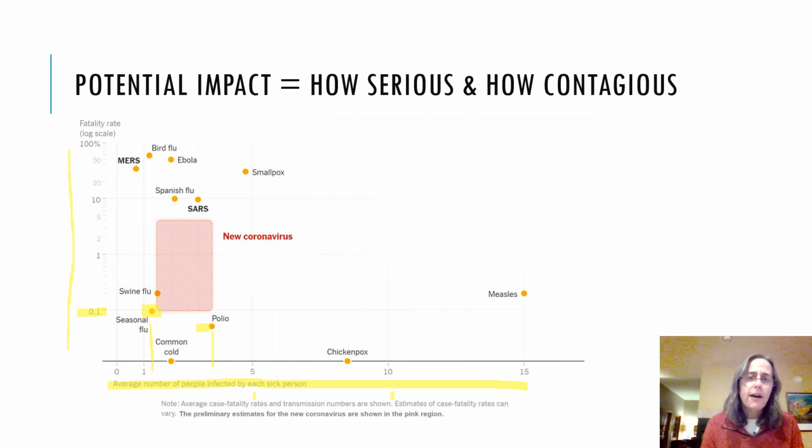This particular graph is from early in the pandemic, and so they weren't really sure where COVID was going to land. I'll tell you, the original virus had a reproductive number around 2.5, and a case fatality rate around 1. So they were pretty good at guessing. All right, so that was the original one.